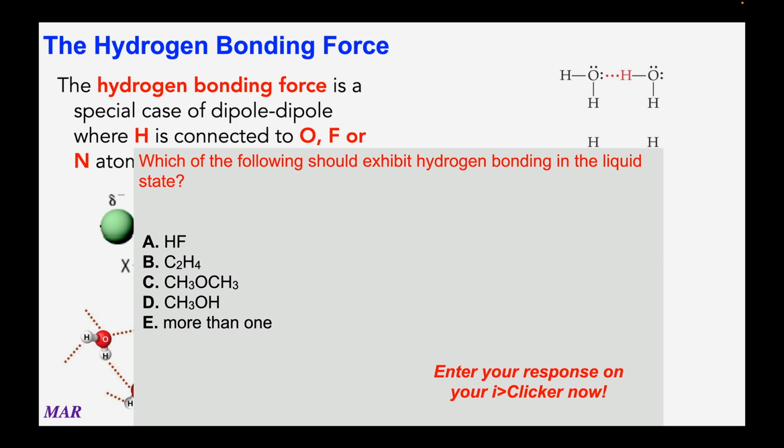Now, C, it might be tempting to say, oh yeah, that's got hydrogen bonding. The H is connected to the O. But a lot of times in chemistry, a CH3 is a methyl group. And if you remember from the Lewis structures, methyl is a carbon with 3 hydrogens and one more spot to put something in. Carbon likes to have 4 bonds, all right? So those hydrogens are not connected to the oxygen at all.